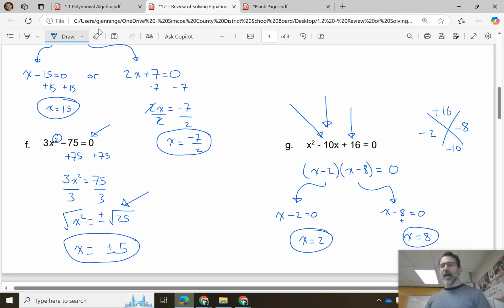We get that by adding 8 to both sides, or adding 2 to both sides. And that's why the signs flip. You remember in grade 10 where when we got these things, we had to flip those signs to find out where the x-intercepts were. The reason they flip signs is you're finding the value of x that makes the whole little factor 0. So that's a little mini equation you solve.